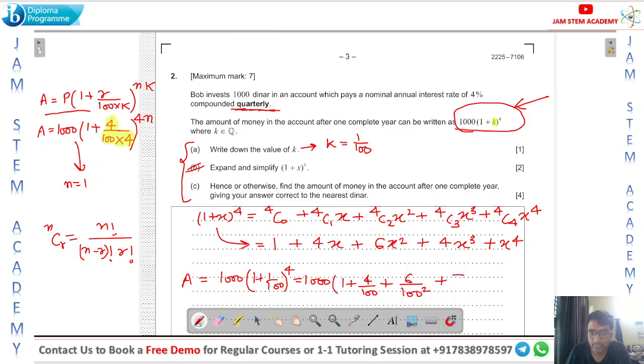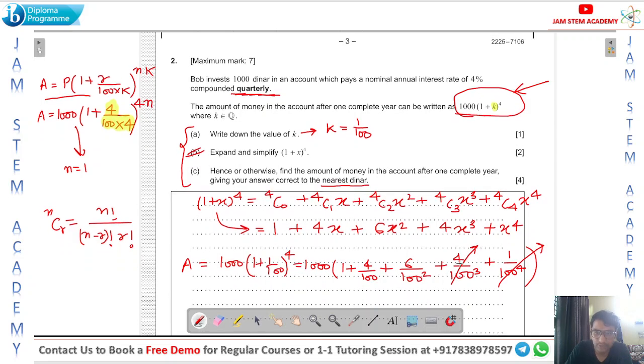Here we have 4 by 100 cubed, plus 1 by 100 raised to the fourth. These are the terms. But we have to find the answer to the nearest dinar. This number is very, very small, and this number is also small. And when you multiply everything with 1000, you can check it.